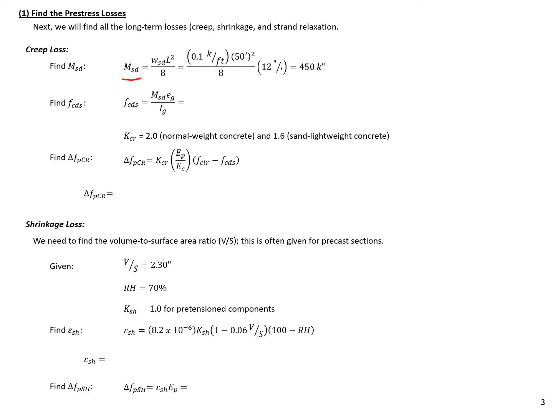So then the stress at the centroid of our pre-stressing strands due to our superimposed dead loads is going to be equal to that 450 kip inches times our strand eccentricity, which is 12.94, divided by our gross moment of inertia, which is 59,997 inches to the fourth, which will give us a stress equal to 0.097 KSI.